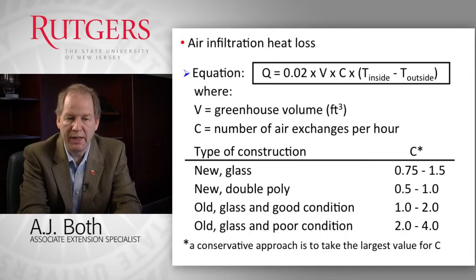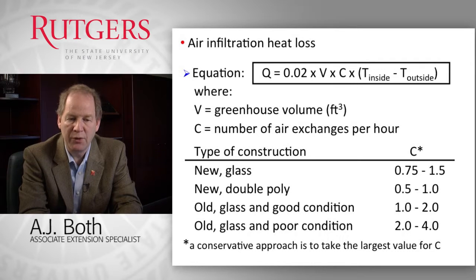The next thing we need to calculate is the air infiltration heat loss. Again, it's a fairly straightforward equation. You need to multiply a constant with the greenhouse volume, which again we can calculate from looking at the greenhouse design, the plans, or actually doing measurements.